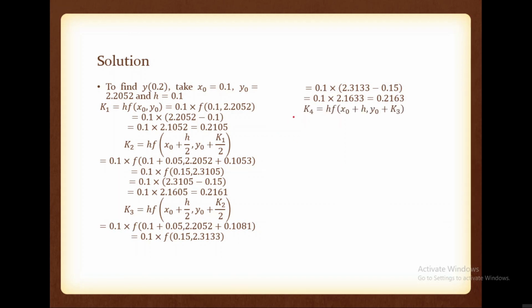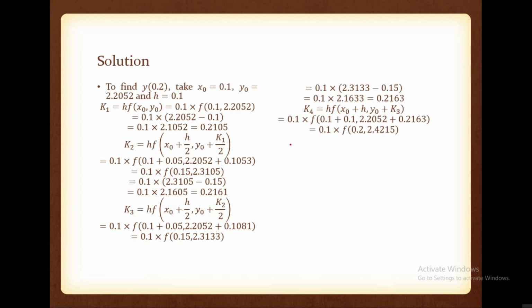Now k4 is equal to h into f of x0 plus h, comma y0 plus k3. This is very important: this is h and this is k3. So equal to 0.1 into f of 0.1 plus 0.1, x0 plus h, comma 2.2052, that is y0, plus 0.2163, that is k3.